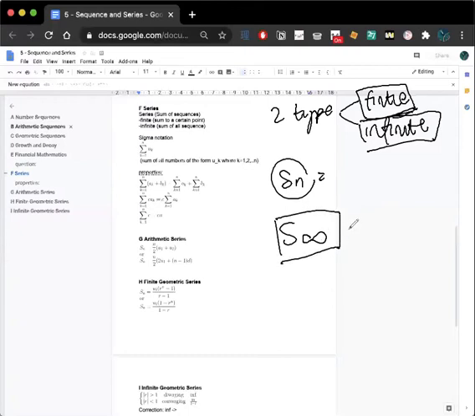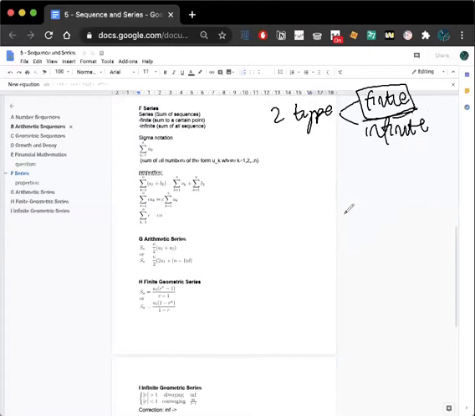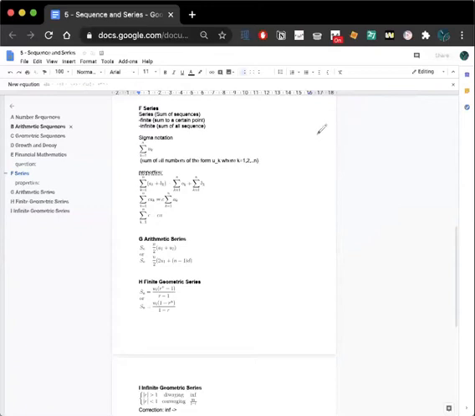And I'll explain about how this exists later, because in the first place, it sounds trippy to have an infinite series, but they do exist. Okay, so something that we're gonna have to learn would be the sigma notation.